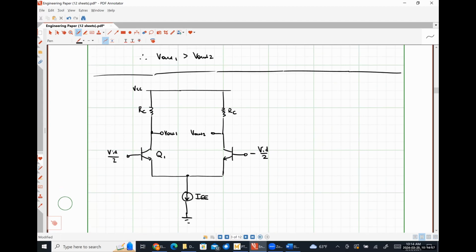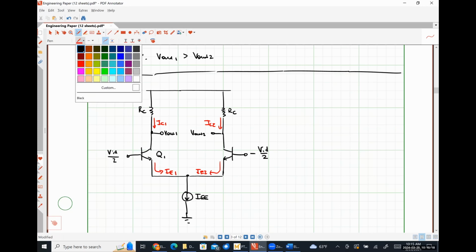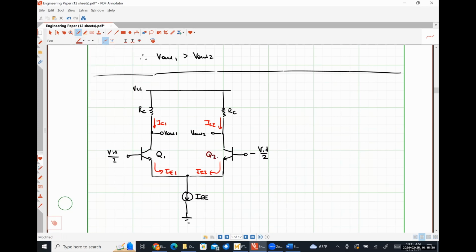And let me specifically draw some things. So here's IC1, IE1, IC2, IE2. I don't know why I keep forgetting to label transistor Q2. VBE1 and VBE2.